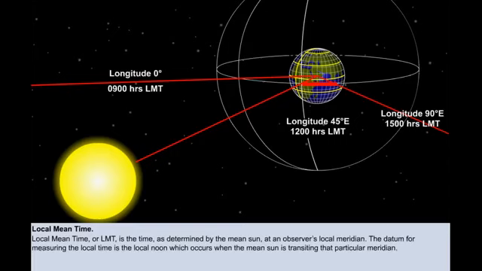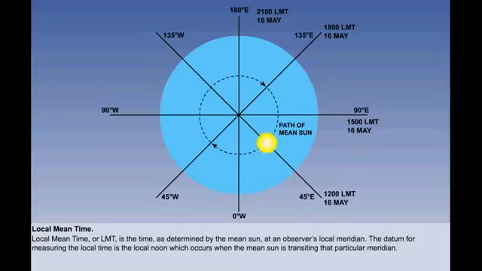Therefore its LMT must be 3 o'clock in the afternoon, or 1500 hours. We can therefore convert LMT at one longitude to LMT at another simply by the longitude to time conversion of 15 degrees per hour. Here we see local mean times at various longitudes going eastwards as far as the Greenwich antimeridian. We'll assume that the date at 45 east is the 16th of May.